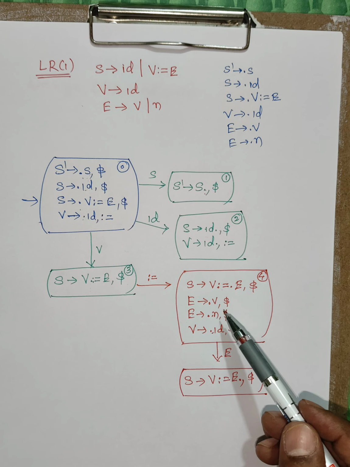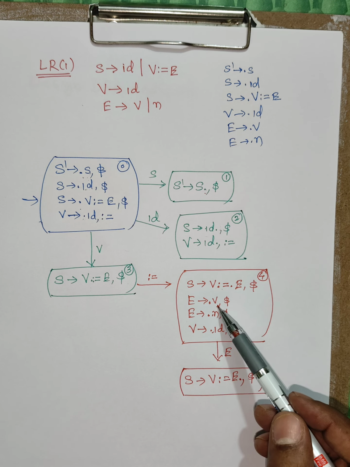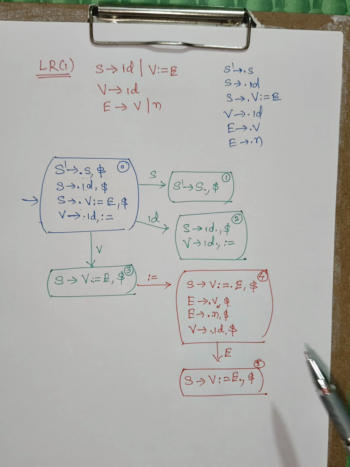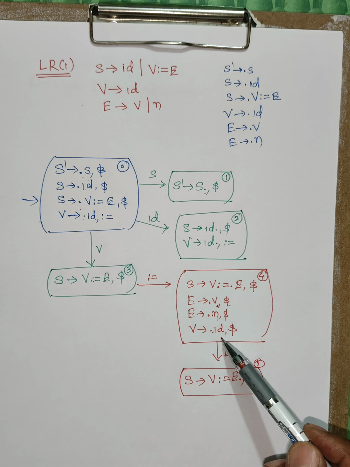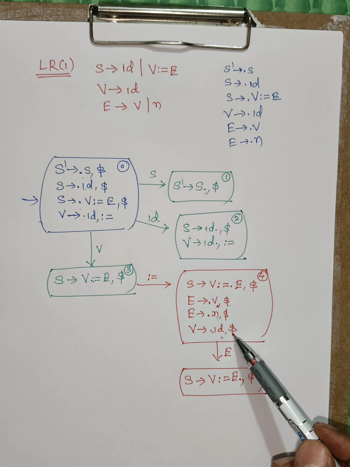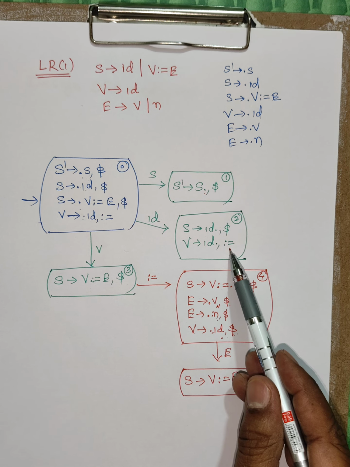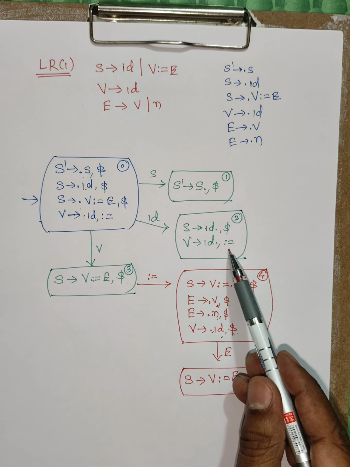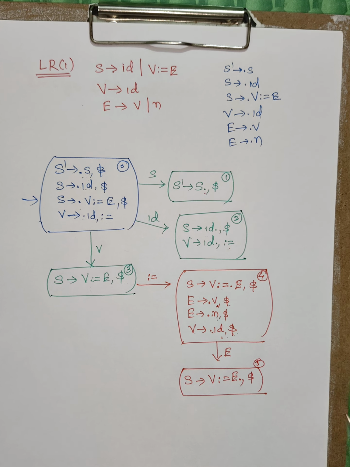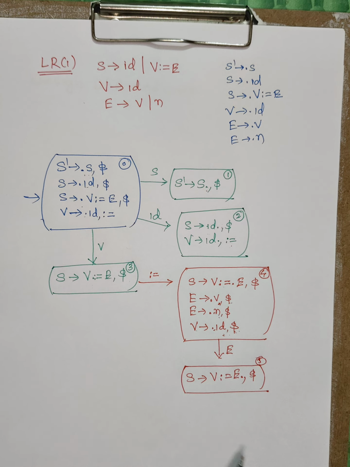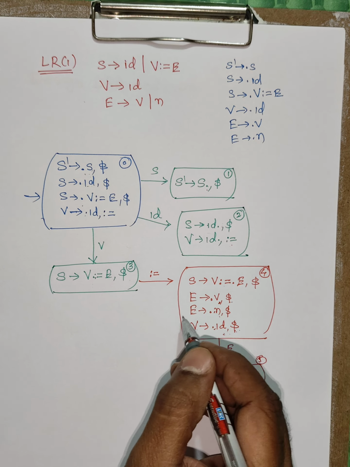Then transition on V. After transition on V, is there any transition? On N? No. On id? V produces id, but here the carry lookahead is dollar, and here the carry lookahead is colon equal to. Means these two also. Here we cannot write a transition, from this we have to take a separate transition. 5 is over.